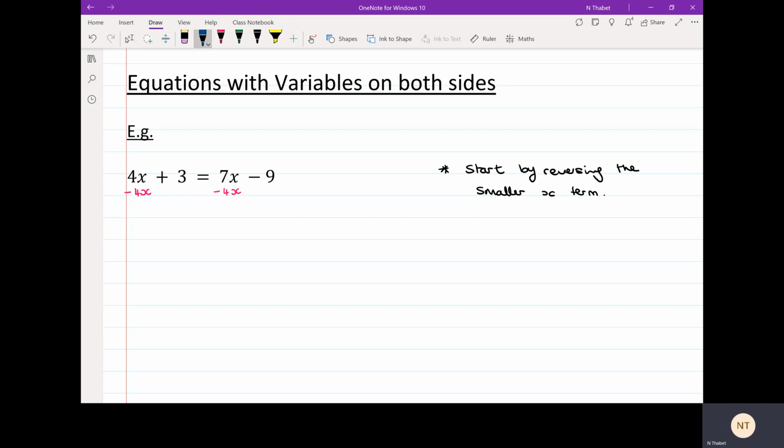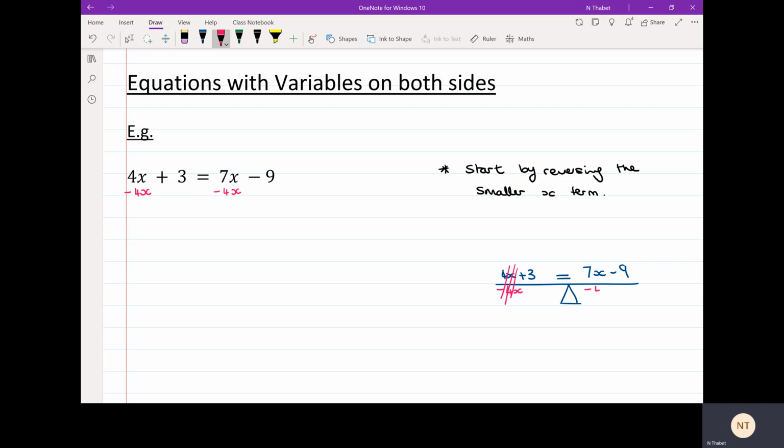The reason I take 4x from both sides, I want you to imagine the equation as a balance. 4x plus 3 on one side and 7x minus 9 on the other. I want to move the 4x to the other side. To do this mathematically, what I'm trying to do is to get it to 0. So if I take 4x away, so minus 4x, 4x minus 4x means there's a 0, but now there isn't a balance.